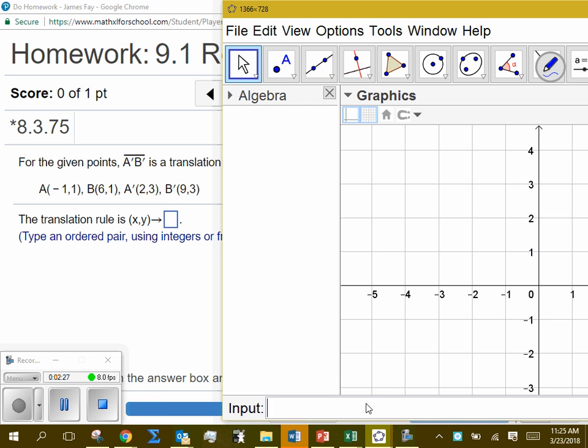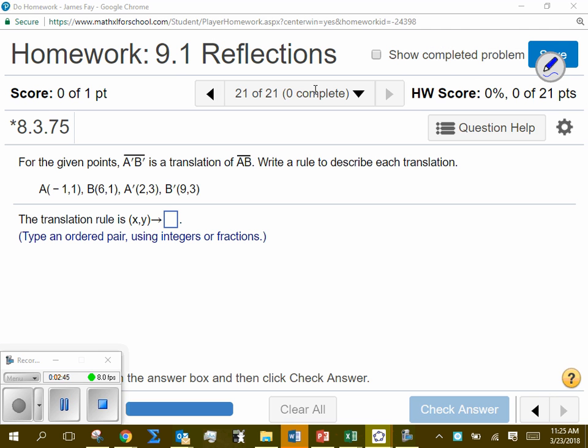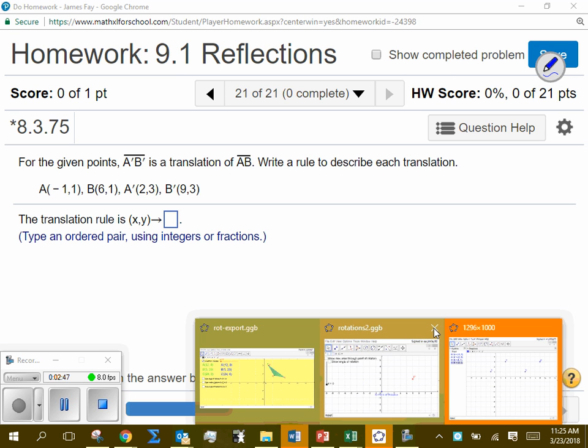So we've got A at negative 1, 1, B at 6, 1, A prime is at 2, 3, and B prime is at 9, 3. Okay, so they want us to come up with a rule for this translation.